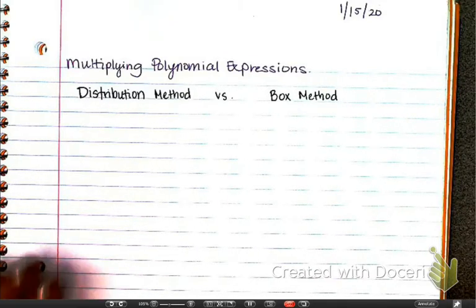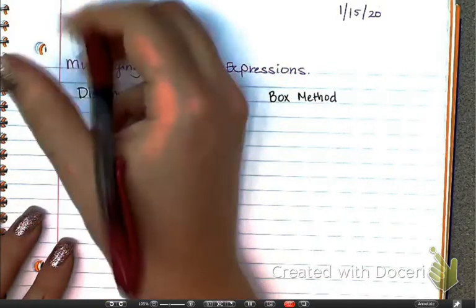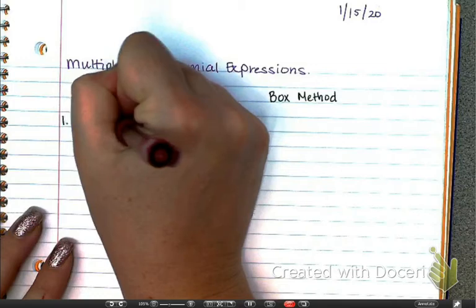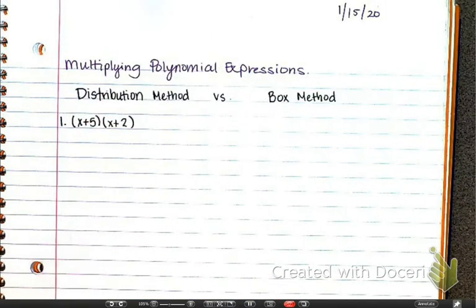So we are going to look at the problem x plus 5 times x plus 2. So we're going to do this problem twice so you can see both methods, and then we'll decide as we go through. So x plus 5 times x plus 2.